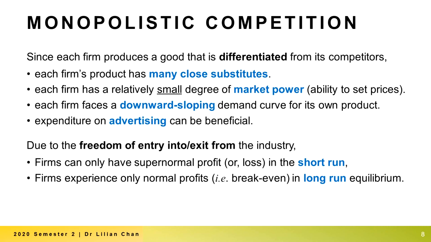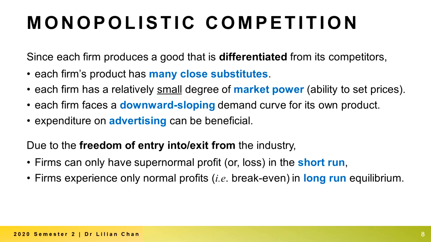So because it's got some degree of market power, its demand curve would not be horizontal. It will be downward sloping. It's got many substitutes, so we expect the demand curve to be more elastic than that of a monopoly.